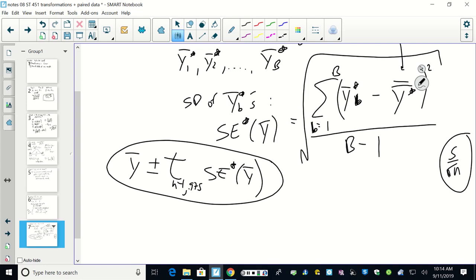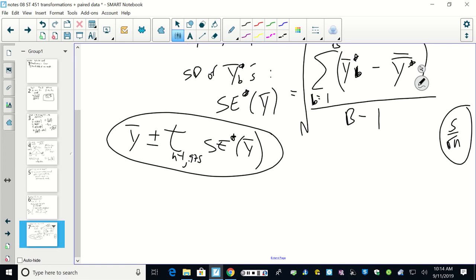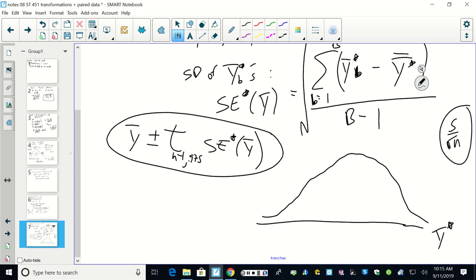But more than that, once we have all those averages, we could just look at the percentiles. Here's the distribution of these averages, and they should be pretty close to centered at y bar. They might not be exactly symmetric.